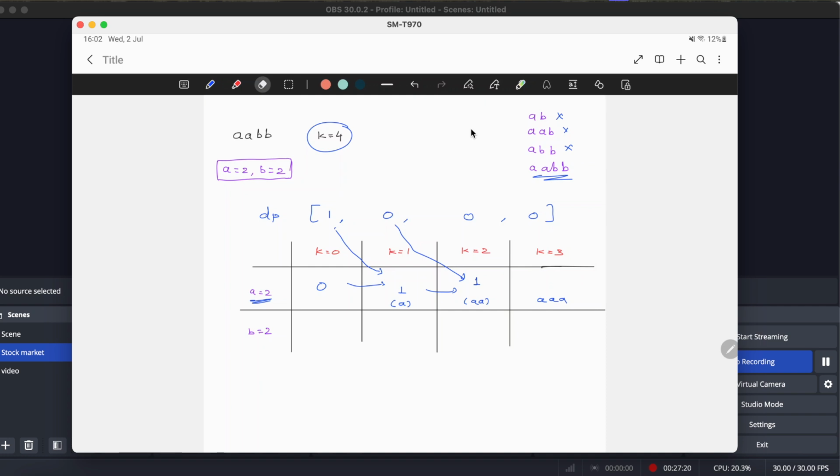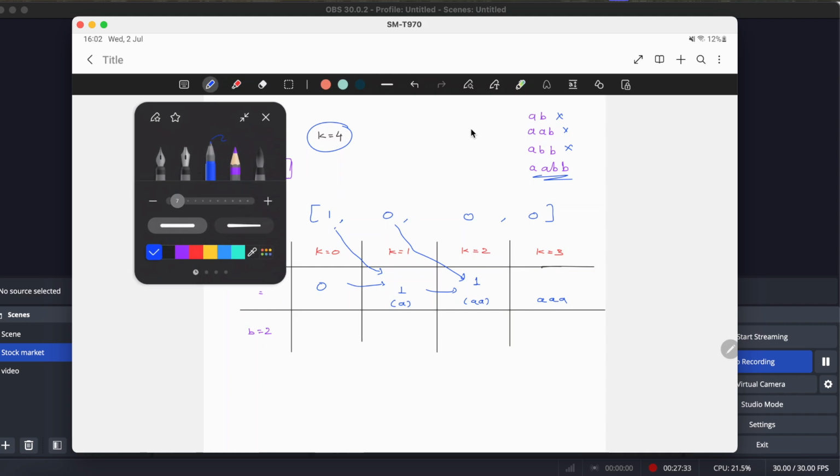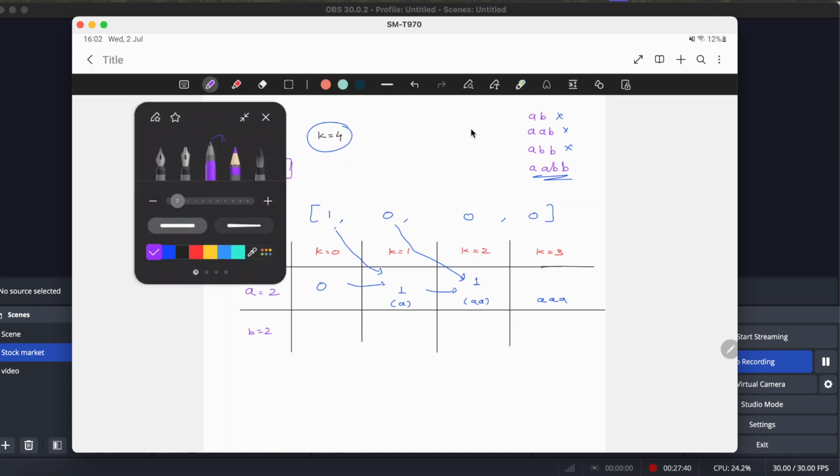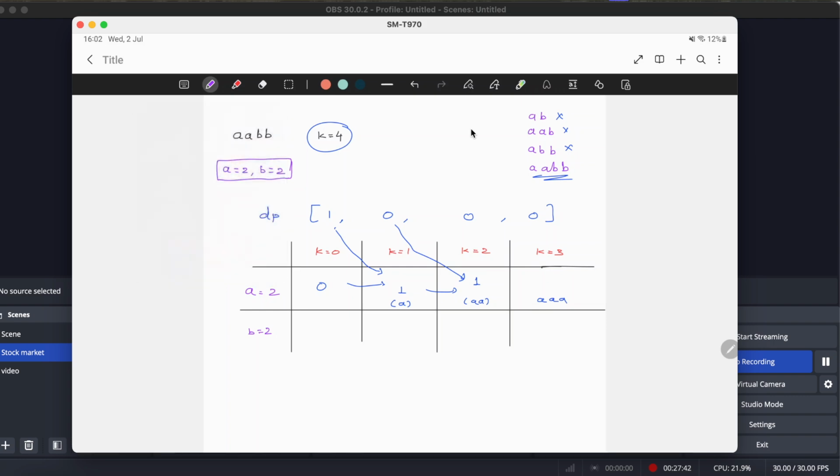So what I can do is, when k equals 3, I'll simply jump to the particular index from where it all got started. I have to make sure that the window size I am considering follows whatever value has been given to us. So a is equal to 2. The formula is basically this: the moment we realize that the counts we have, a's count, b's count, fall less than this k value, at that point we do k minus this count.